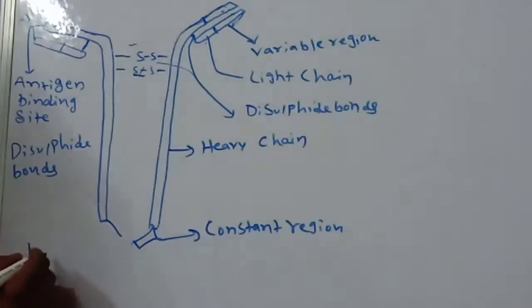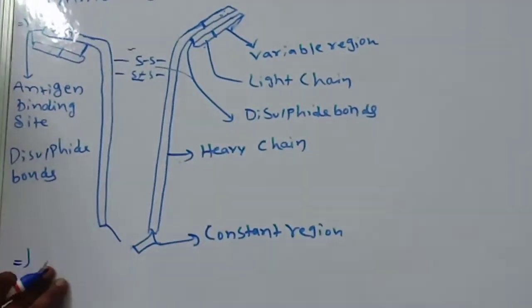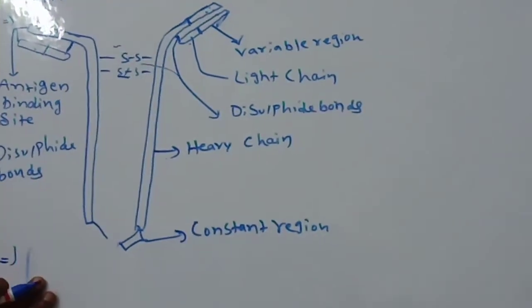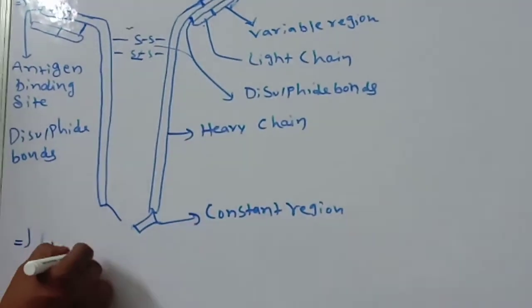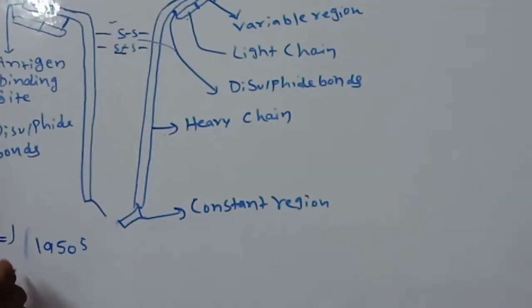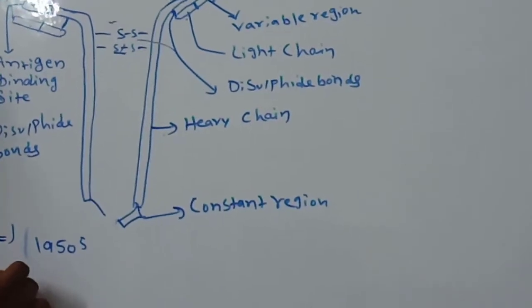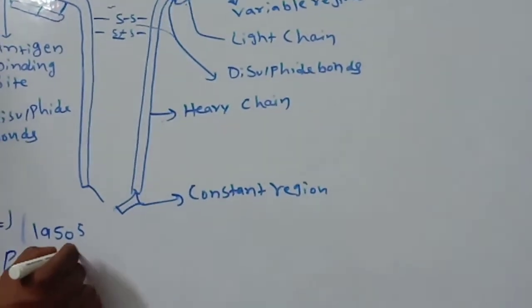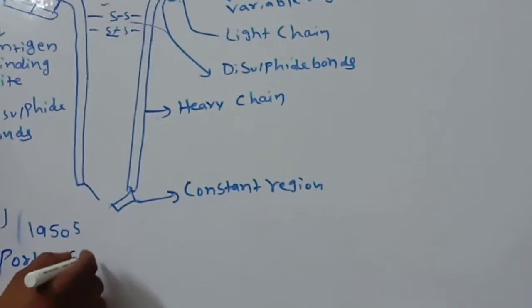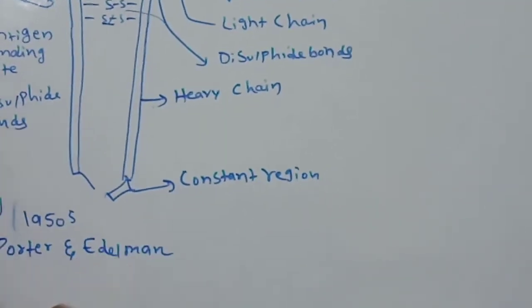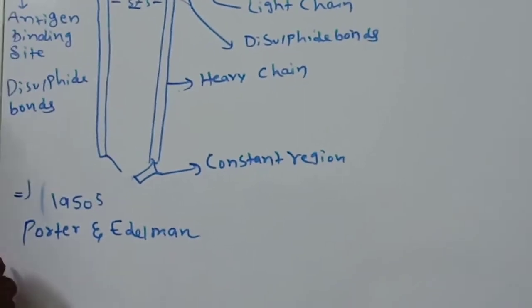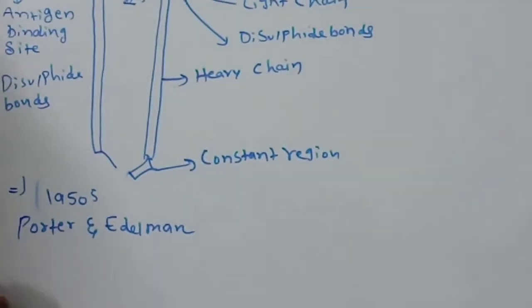In the 1950s, already we discussed about this, but once again we are going to discuss. In the 1950s, who were the scientists? Porter and Edelman revealed the basic structure of immunoglobulin.